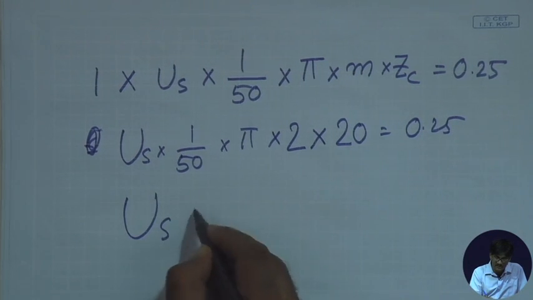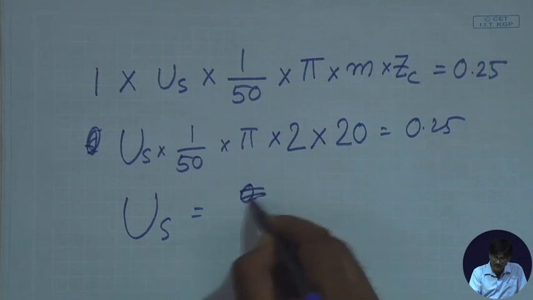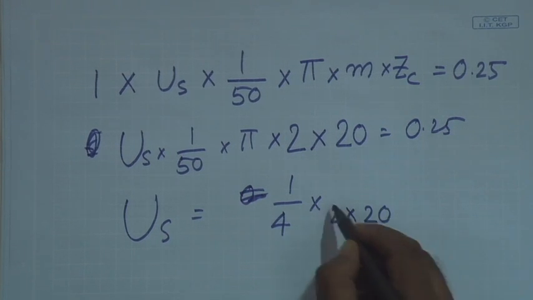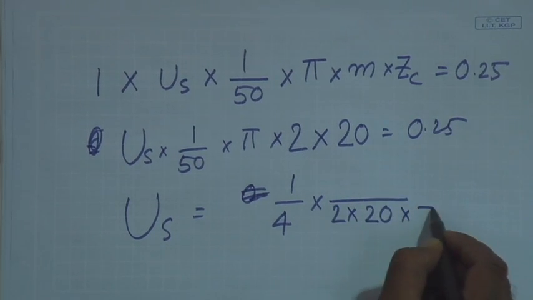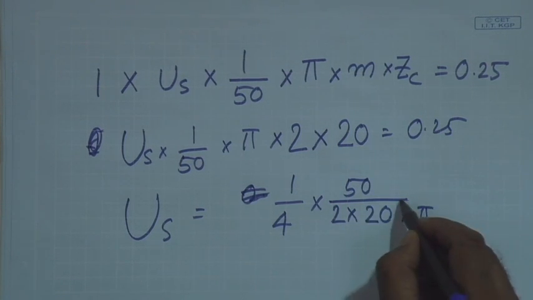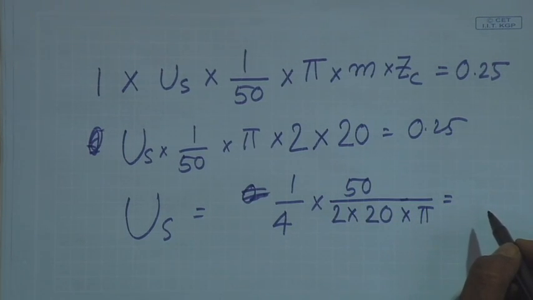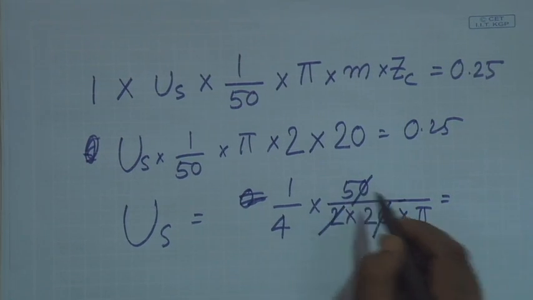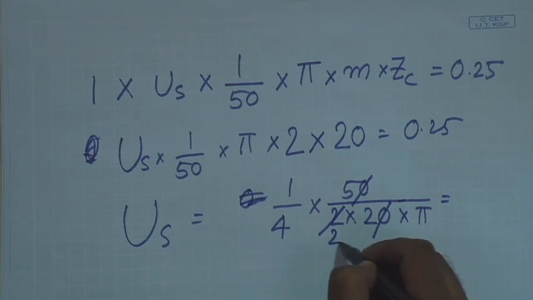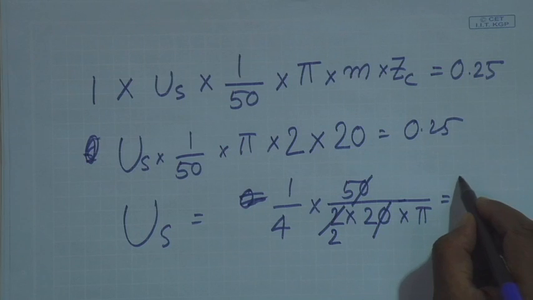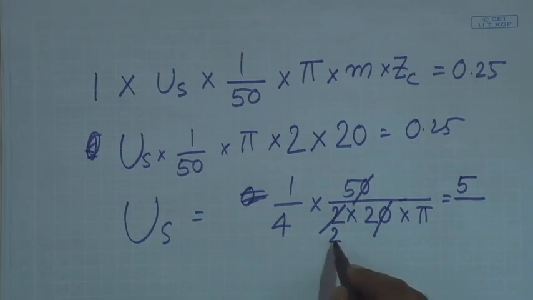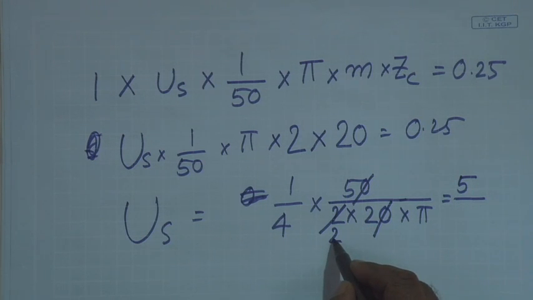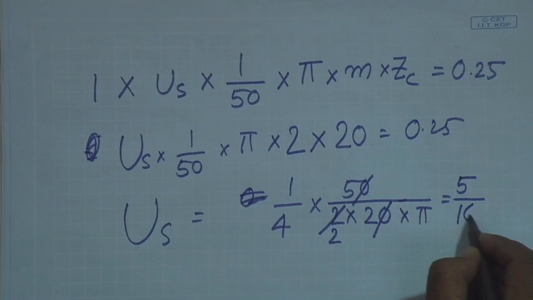So, US is solved as 0.25, let us put in 1/4 into 2 into 20, and down goes pi, up goes 50. Let us see how much it is, 0 and 0 will cancel, 2 will not cancel, sorry. So, this will be 5 by, how much is this, 8, 2 2s are 4, 16, 5 by 16 pi.